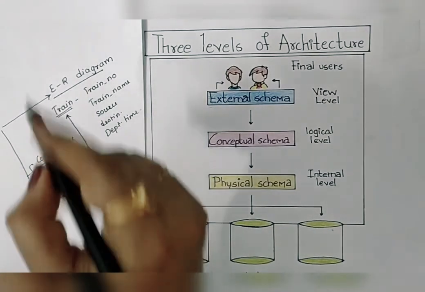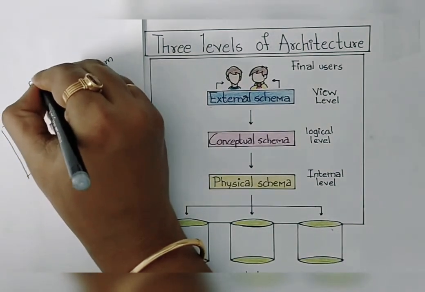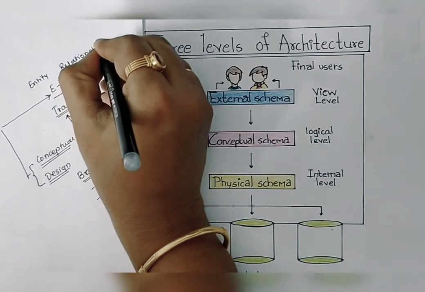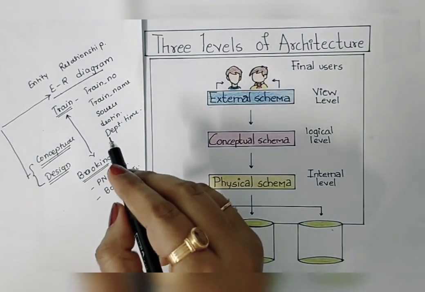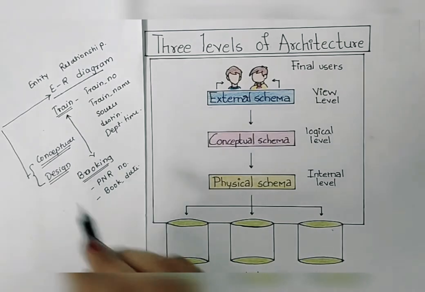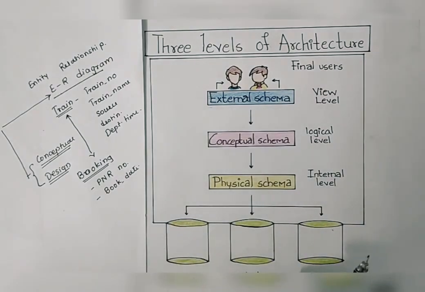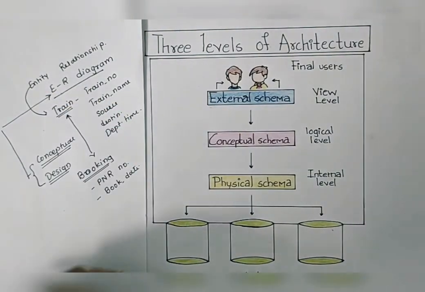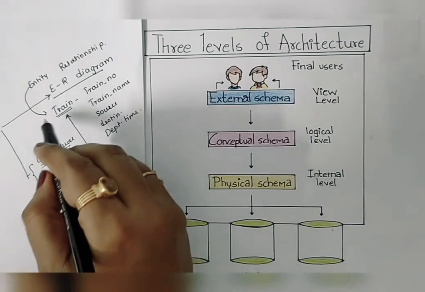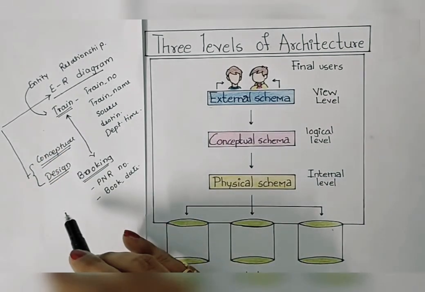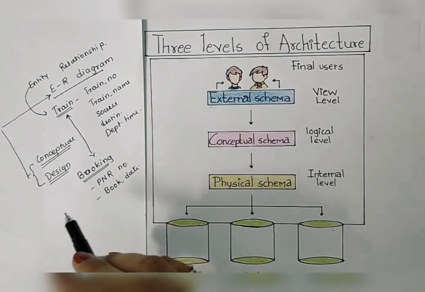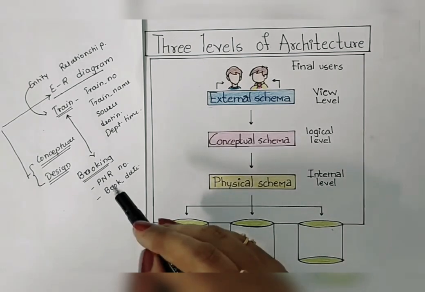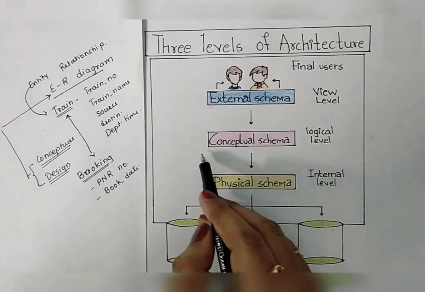Okay, this conceptual model is nothing but the ER diagram. E stands for entity and R stands for relationship. So the entity relationship diagram you have to first create before creating our database. So this entity is nothing but the data element, and relationship is nothing but the association between these data elements. So we have to capture all the data elements for our problem. We have to establish a relationship between these data elements, and this is all done at the conceptual schema level.